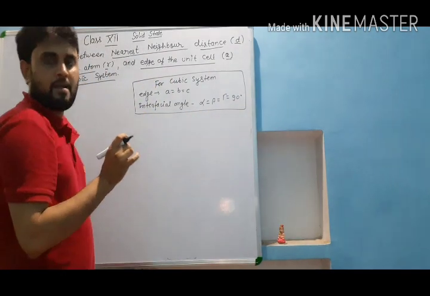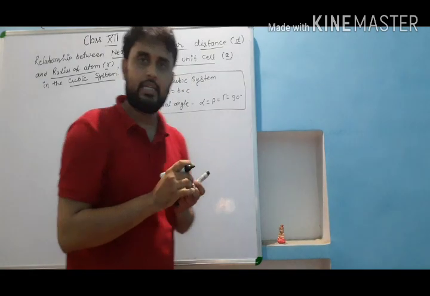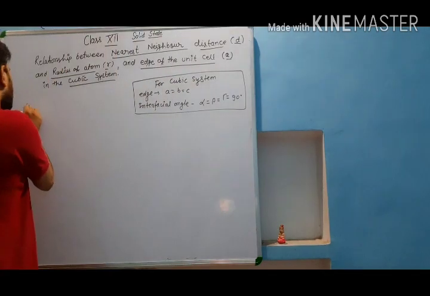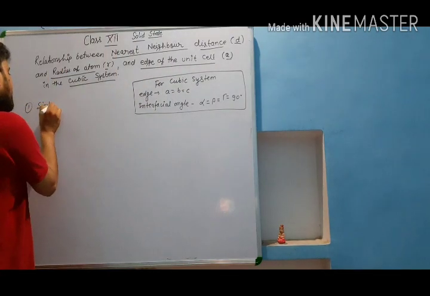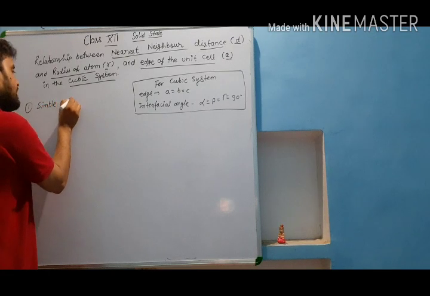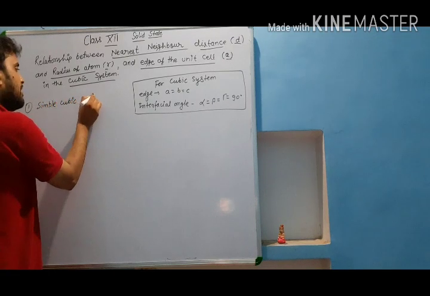Now we start our first type of unit cell, that is the simple cubic unit cell.